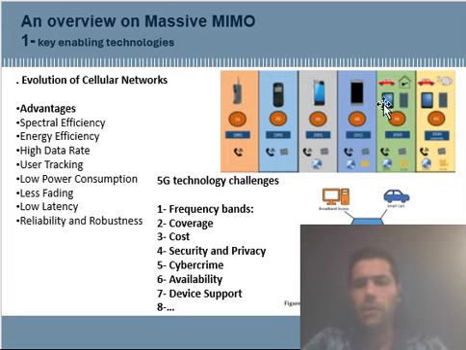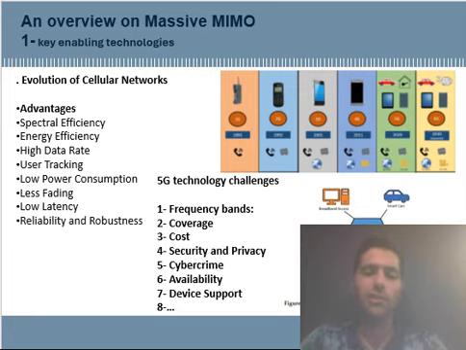In this picture, the evolution of mobile radio networks from first generation to sixth generation is shown. As you know, 5G provides us with a wide range of advantages, including spectral efficiency, energy efficiency, high data rate, user tracking, low power consumption, less fading, and so on. But we always have challenges with every new technology.